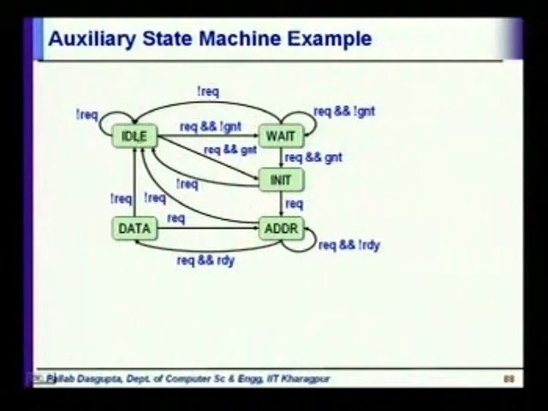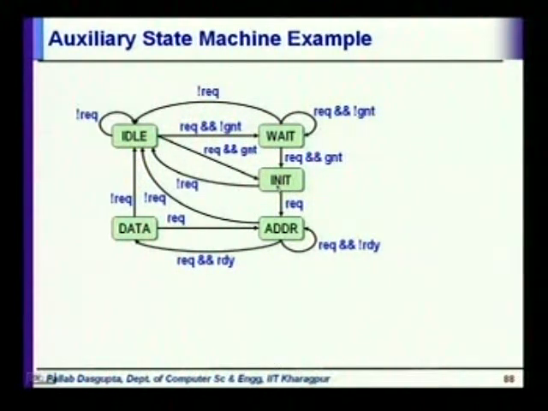So we have these 5 states. Initially it is in idle, then it makes a request. If it does not have the grant, it goes into the wait state and waits until it has the grant, right. Or if from the idle state it directly gets the grant, then it is going to go here straight away.